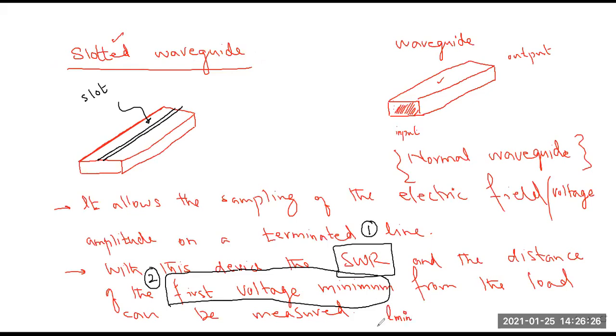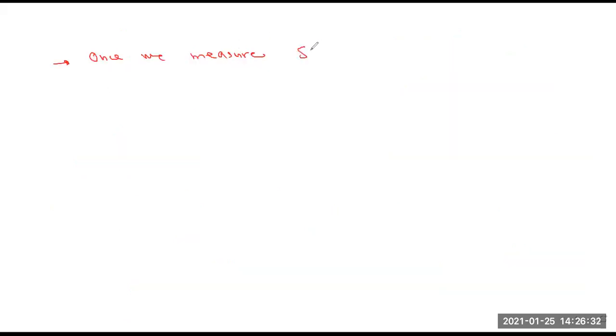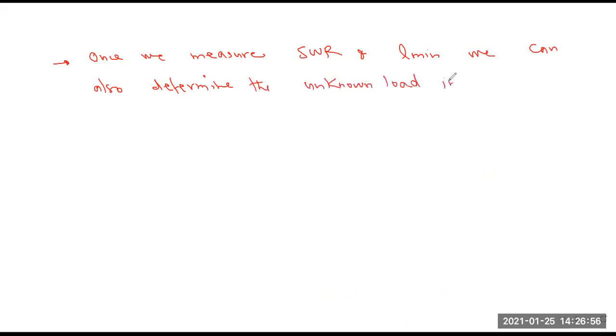So L minimum is the symbol that I'm using for the distance of the first voltage minimum. So once we measure SWR and L minimum, we can also determine the unknown load impedance.